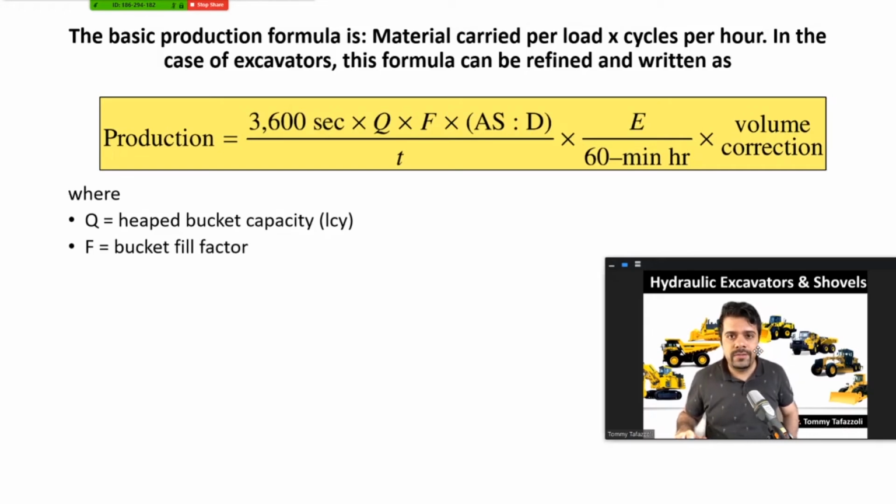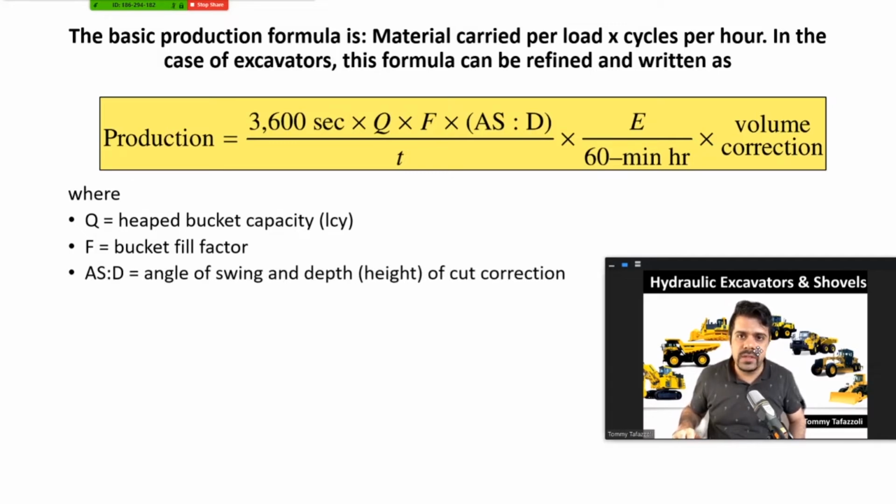F is the bucket fill factor, which should be given to us. ASD is the angle of swing and depth or height of the cut correction. So you multiply by a number to consider the impact of the angle of swing of the bucket and the depth or height of the cut.